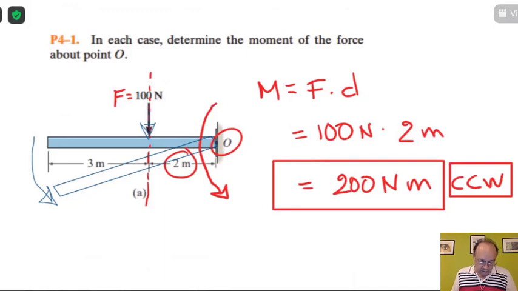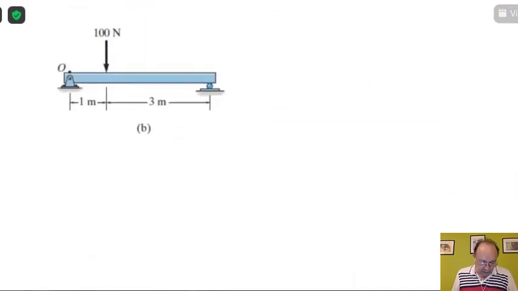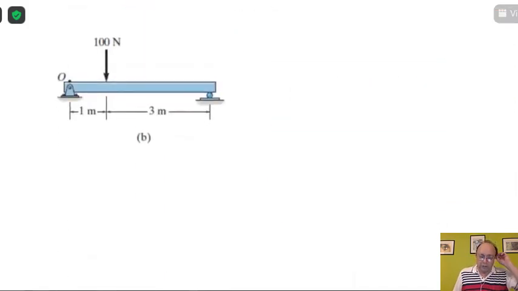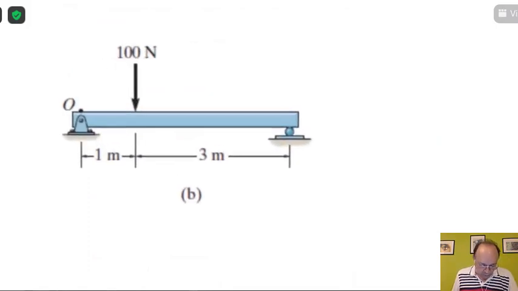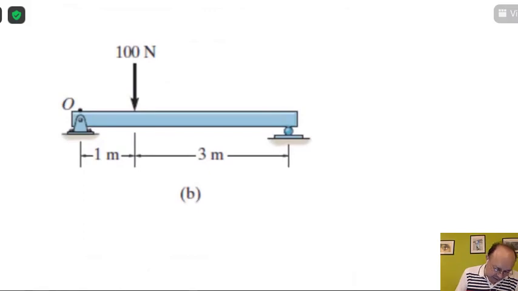All right, so let's go to the next one. In this one, we need to find also the moment of the force 100 with respect to point O. Again, the distance is given to us, it is 1 meter, directly the distance from the point to the line of action because this is 90 degrees.